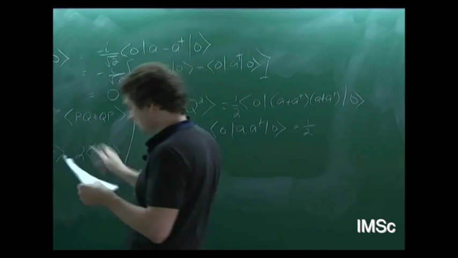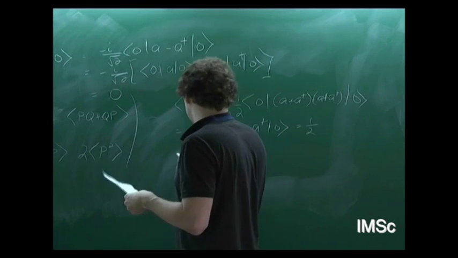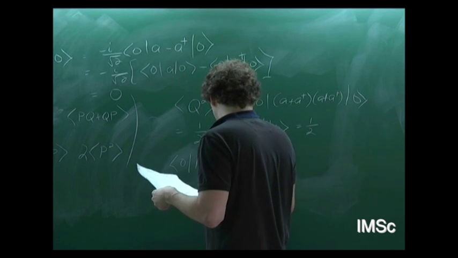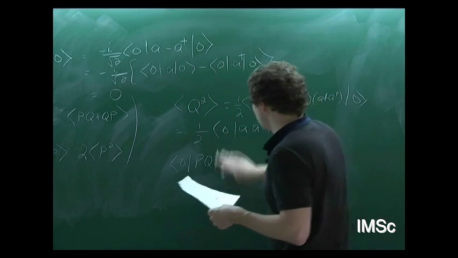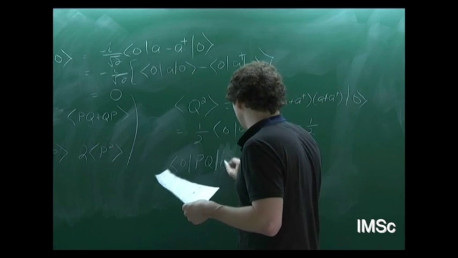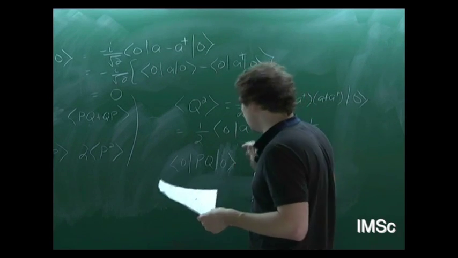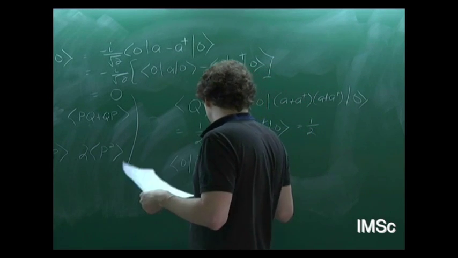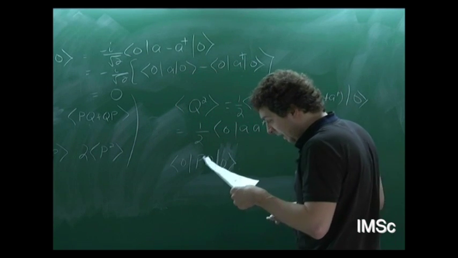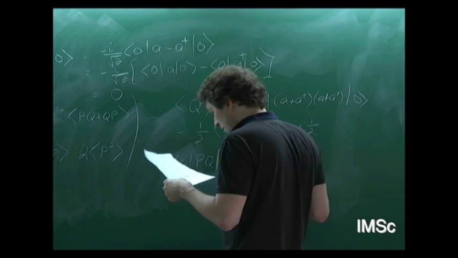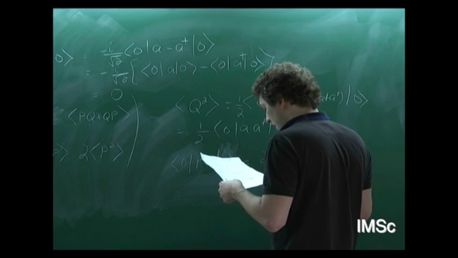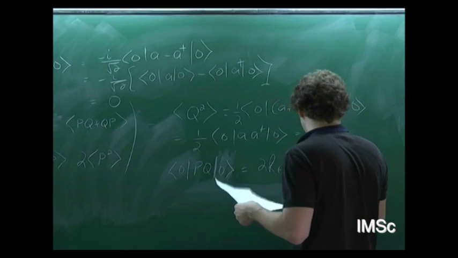So now we have to compute these guys. First of all, I'm supposed to compute this expectation, but instead I'm just going to compute this one and add its complex conjugate, which is going to be the expectation of QP. And that turns this into twice the real part of the expectation of PQ.